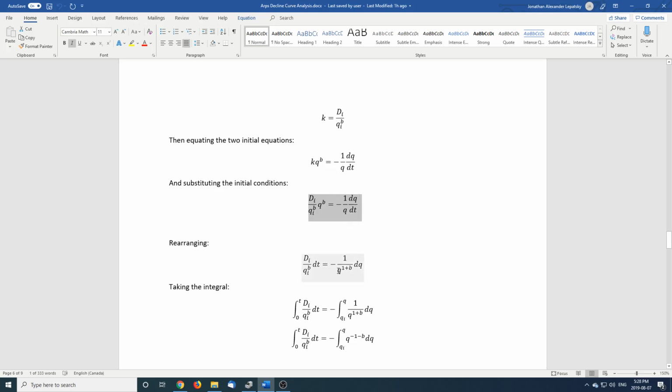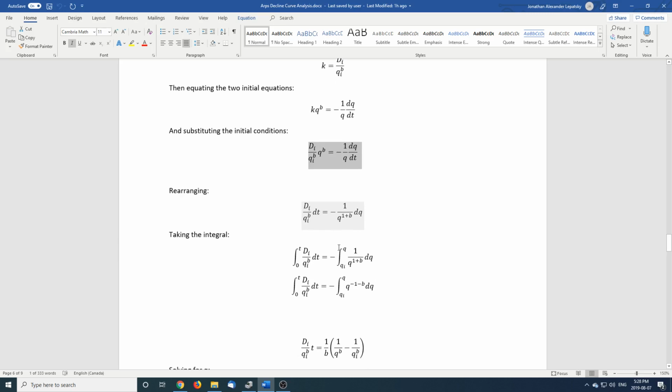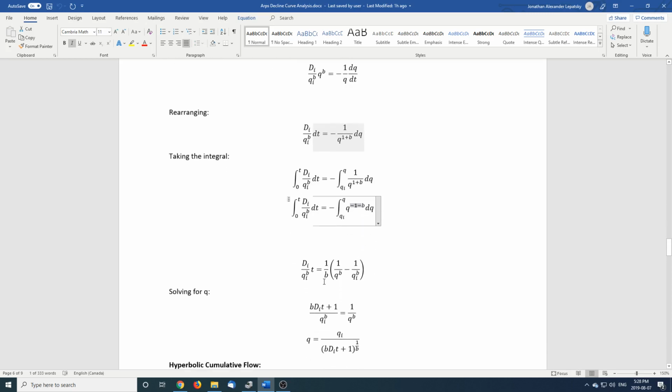Combining the exponents, you would have q to the power of 1 plus b, right? So you just take the integral of this by setting the limits between 0 and t, qi and q. And I made it simpler to think about by bringing this off the bottom by multiplying the exponent by -1. And then I just did the integral on both sides, and you end up with something that looks like this.